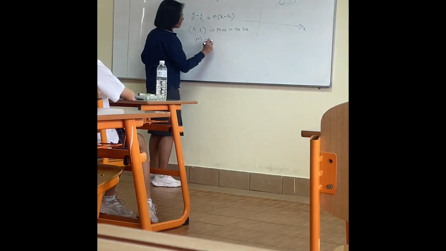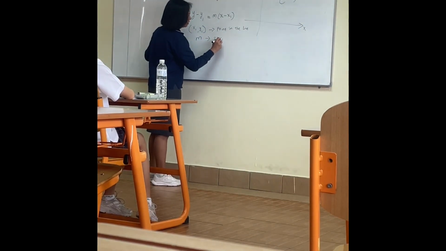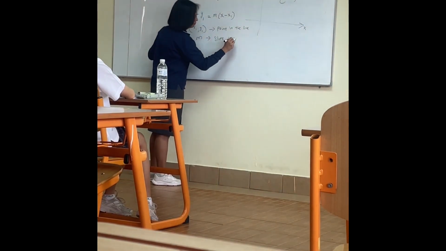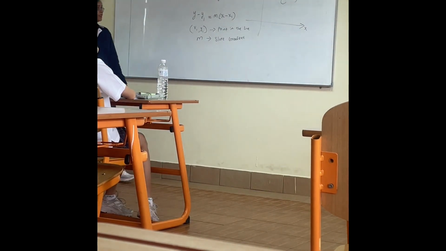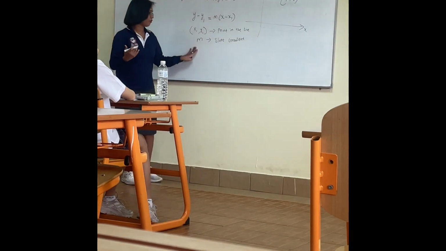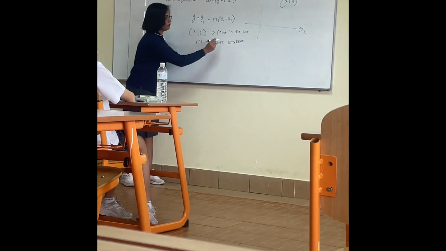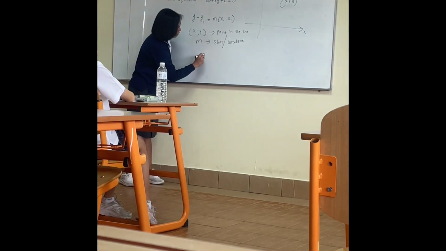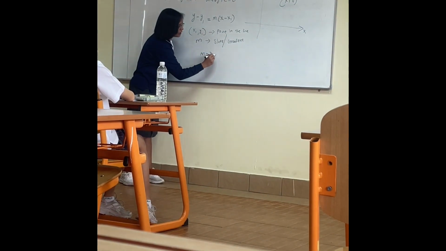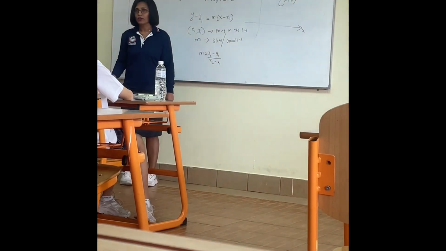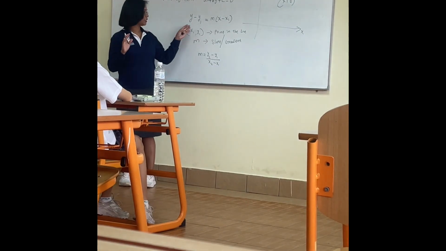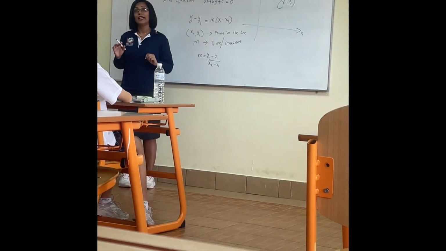Slope or gradient. Okay, and what is the formula for finding slope? So slope formula is y2 minus y1 over x2 minus x1. Okay, so you always need this formula for obtaining gradient.